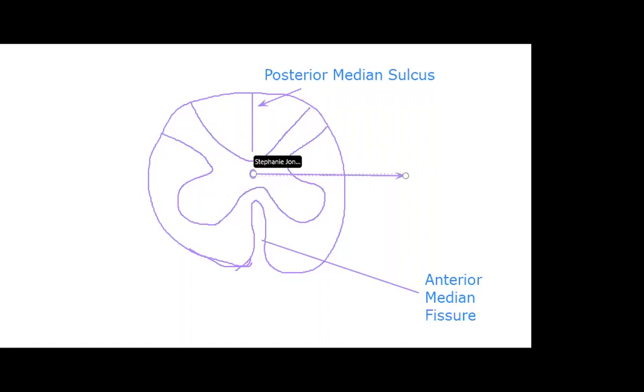Cerebrospinal fluid. Very good. So within you can label this central canal and then put a little note to yourself, this is where you will have cerebrospinal fluid. Okay.